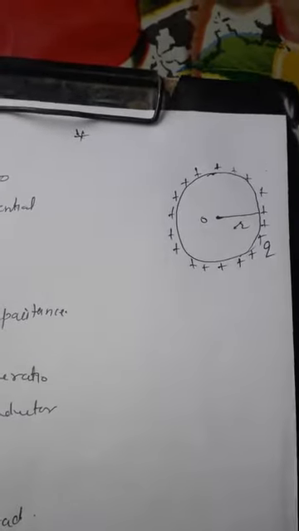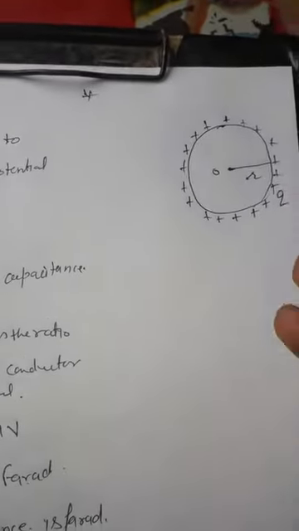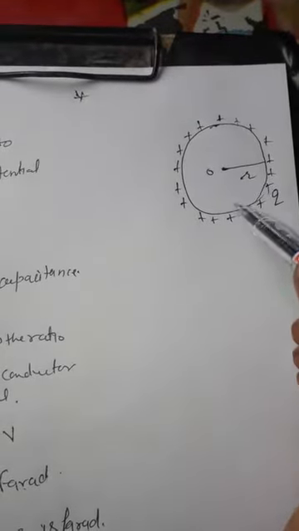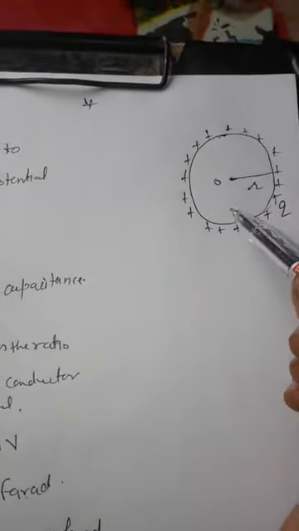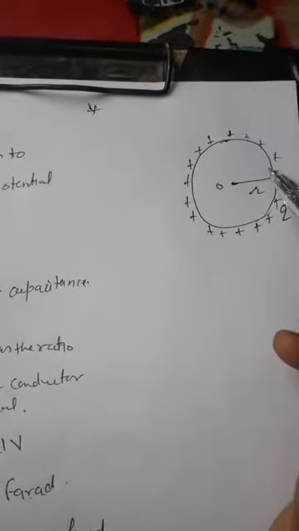Okay. So, due to this charge, the potential at every point of this spherical conductor remains the same, so that it can act as an equipotential surface.